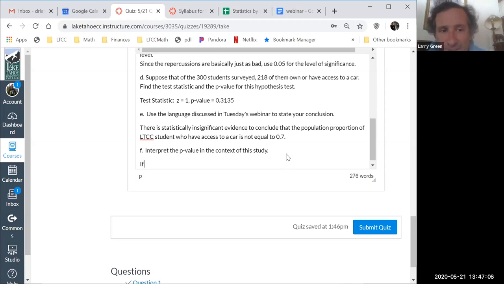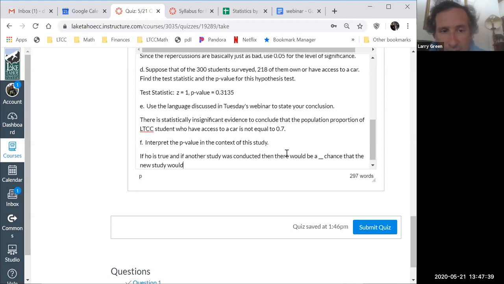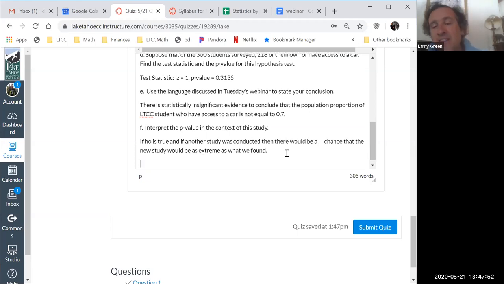The form is: if H naught is true, and if another study was conducted, then there would be a whatever chance that the new study would be as extreme as what we found. By the way, that's not good enough to say, but this is the general way of doing it.